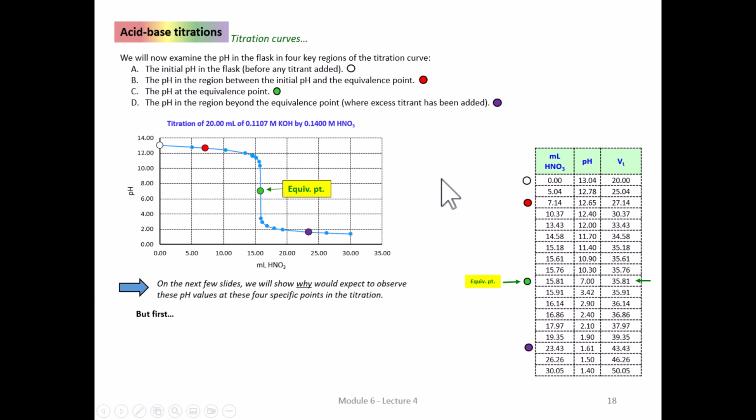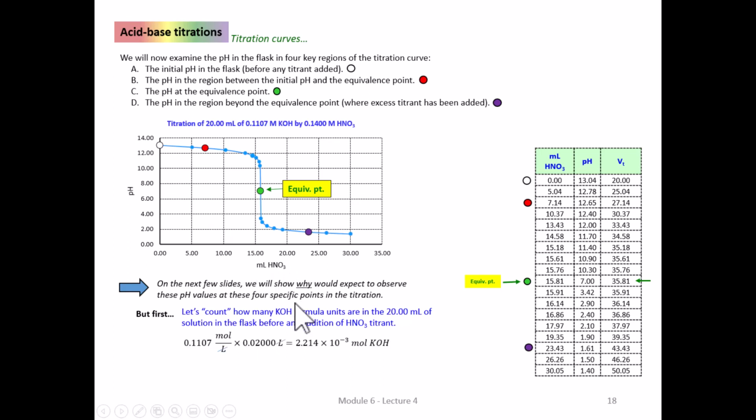Now first, as we traditionally have done, we need to count how many potassium hydroxide formula units are in the 20 milliliters of solution in the flask before we add any nitric acid titrant. Well, we take the concentration multiplied by the volume, we get 2.214 times 10 to the minus 3 moles of potassium hydroxide.